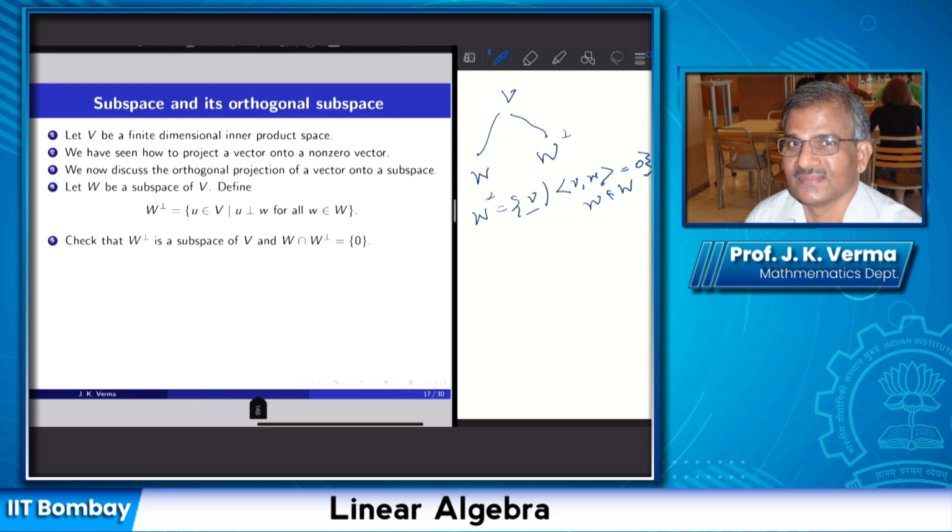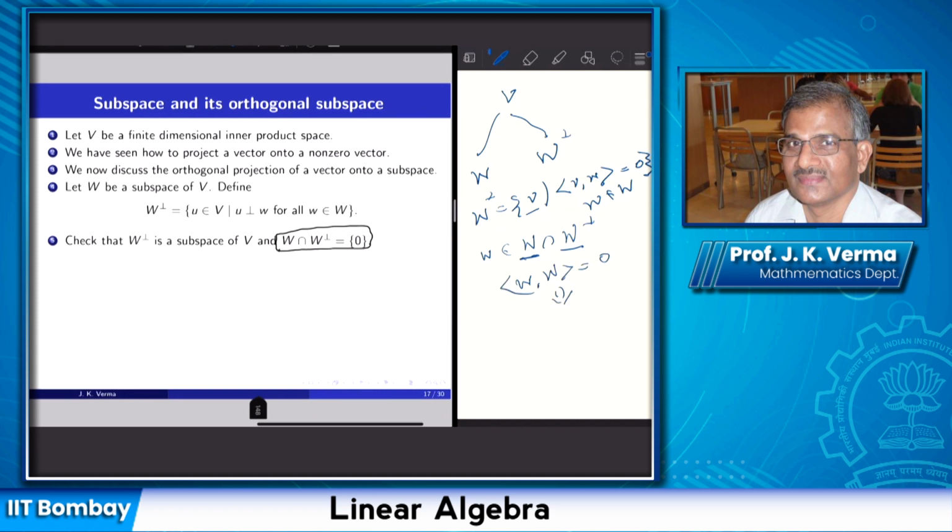What is interesting is that these two subspaces intersect only in the zero vector. Suppose I have a non-zero vector w which is in the intersection. Then w is in W, and it is also in W perp, so it is perpendicular to every vector in W. Since w is in W, the inner product of w with w is 0.